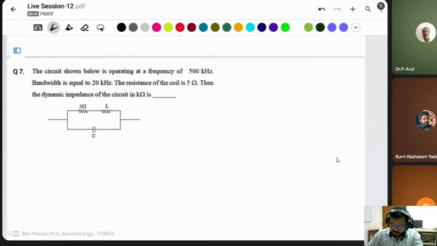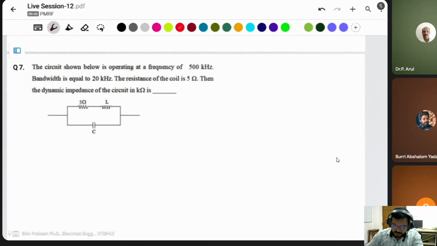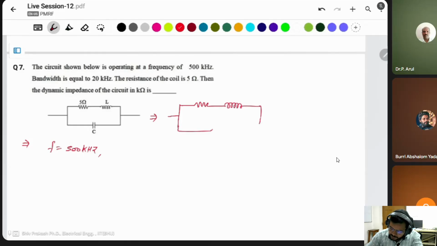Yes, sir. In this case, the frequency is given as 500 kilohertz. What's the impedance in this case? If you use the direct formula, there may be chances that you get a different circuit.